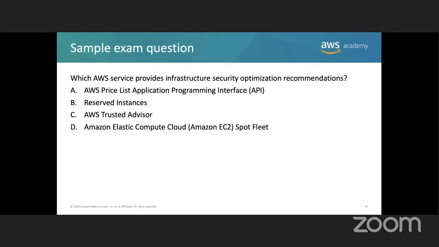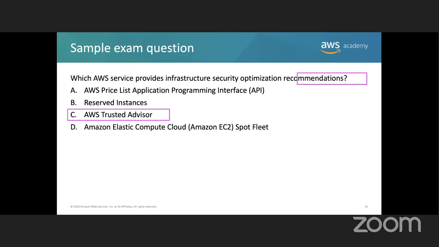And how would you answer this question? Which AWS service provides infrastructure security optimization recommendations? That's the keyword here. Keyword, recommendations. Which one is it? The Trusted Advisor. That's the one, right? Whenever you see the word recommendations, that's Advisor.